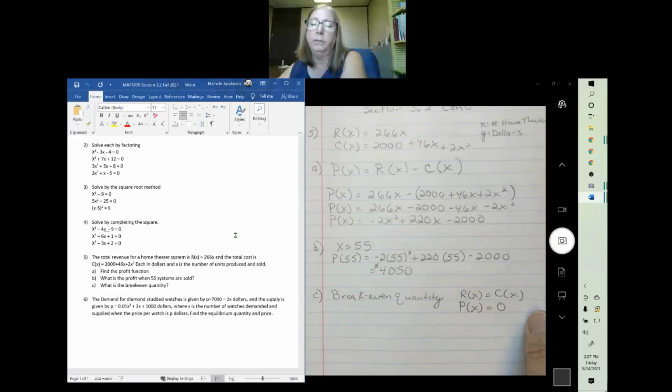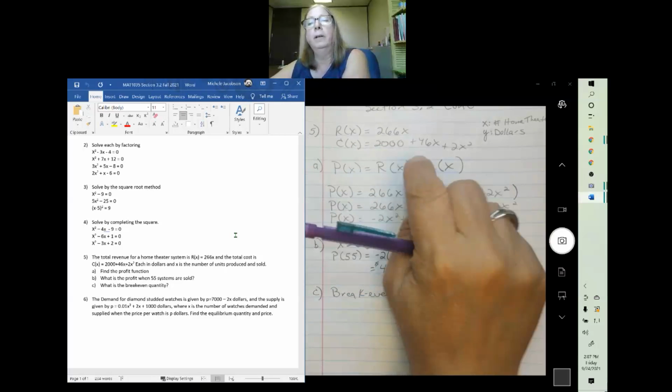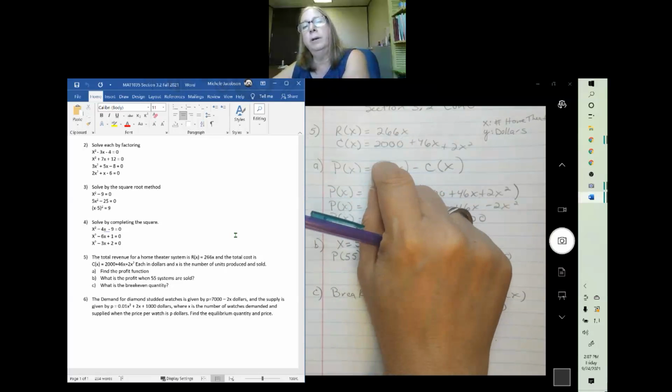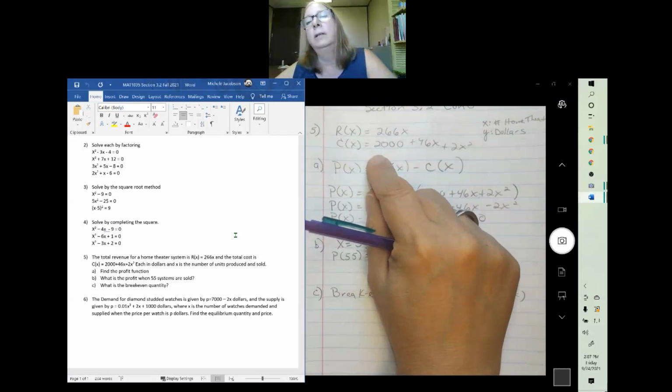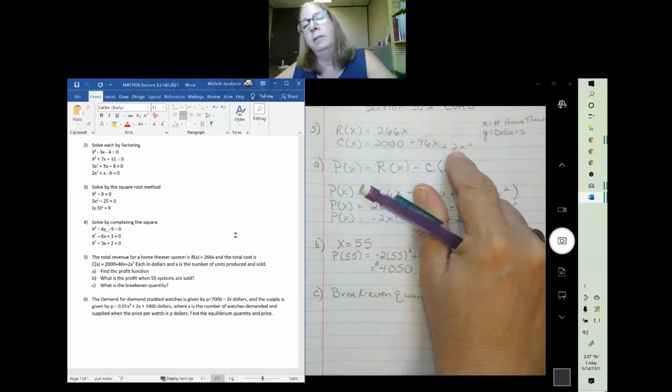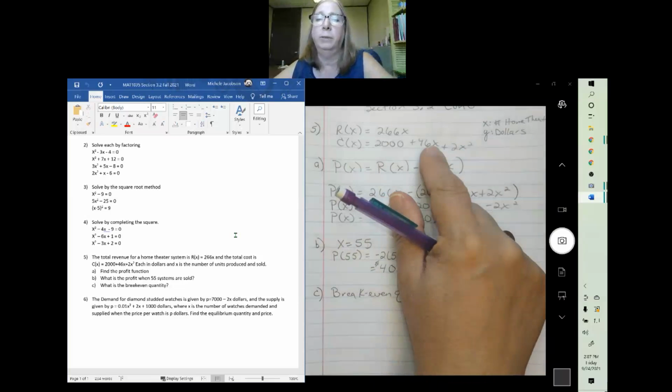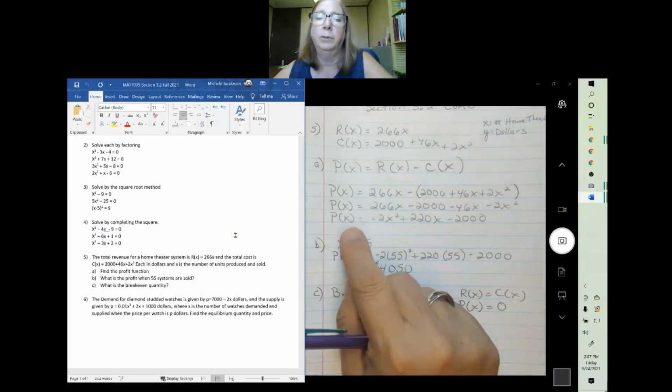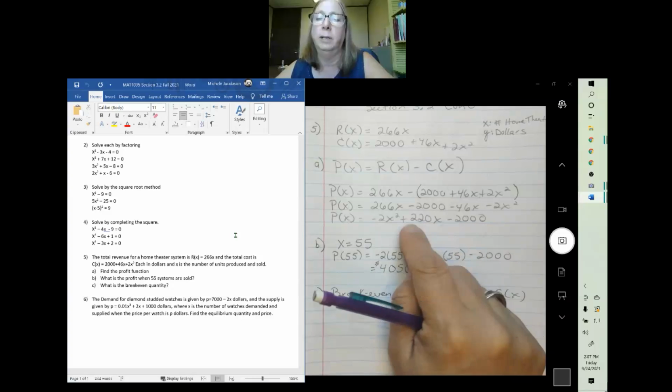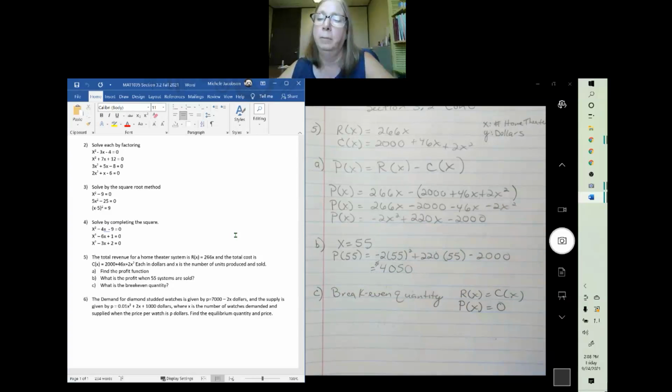Both of them will give you the same answer. If we set revenue equal to cost, then because this is squared, we still have to get it set equal to 0. So we might as well just use the profit function and set it equal to 0. But both ways you will get the same answers.